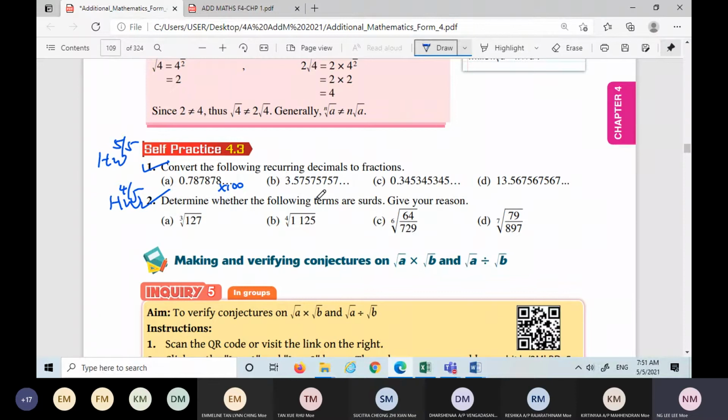After you separate out the 3, you are left with 0.57575757. Tell me what is the suitable integer to multiply with? 100. Okay, 100. So remember, separate out the 3. After that, this one times 100.